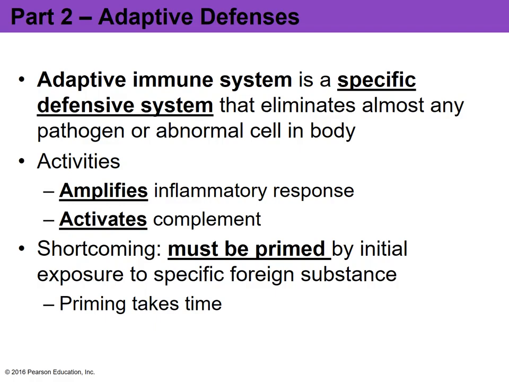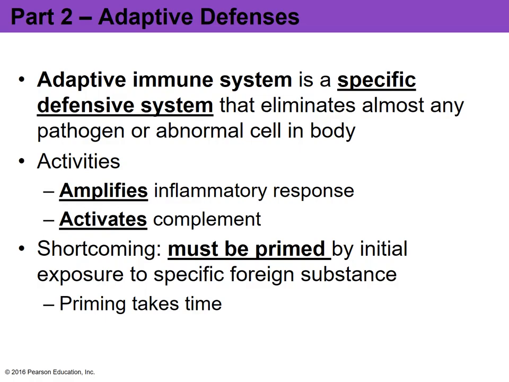Now, there is a memory associated with this. One of the drawbacks, they often talk about, is that it must be primed, and that just means the first time you have been exposed to whatever the pathogen is, this priming takes a little bit of time, so the response will not be immediate as you activate the system. Any subsequent exposure, then, the response is immediate.